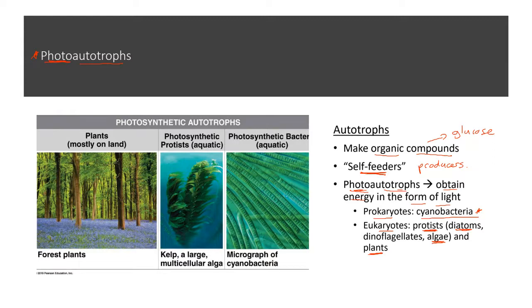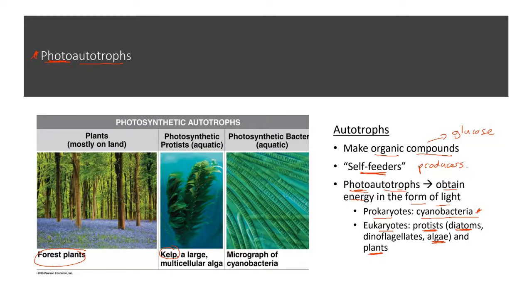And these are some examples of photosynthetic organisms. We have obviously plants, forest plants. And this is what I was talking about: this is kelp. You've probably seen it if you've ever gone to the Pacific Ocean. California, for example, has a lot of these huge kelp forests.